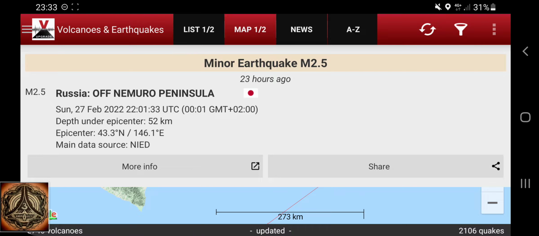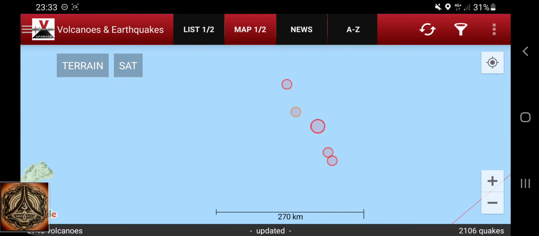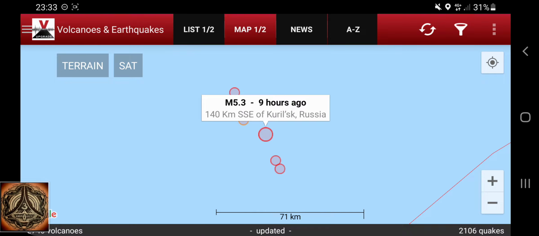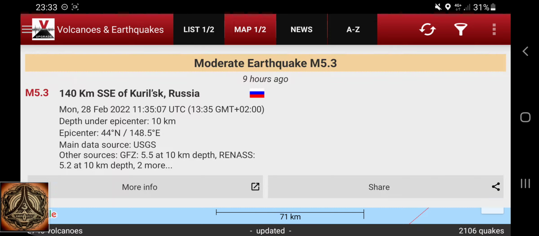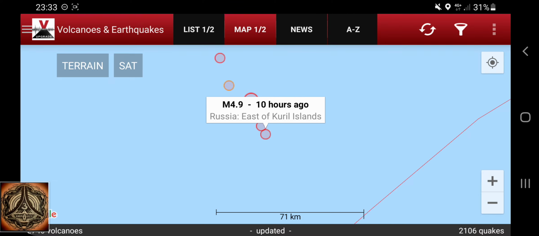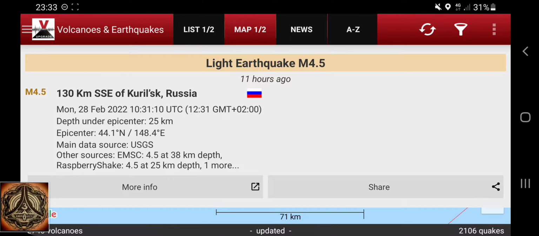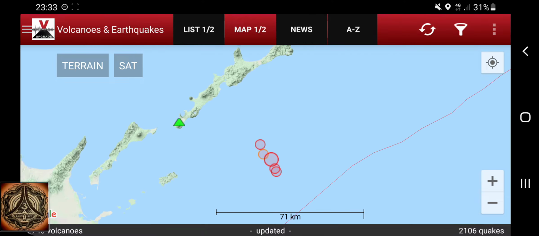A deeper one, 52 kilometers, and then we had a swarm of some kind, 5.3, 10 kilometers in depth or something. And there have been a few quakes there today. One deeper one, this one, 25 kilometers.